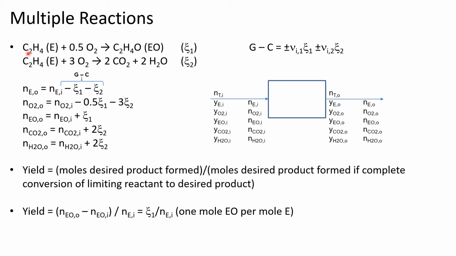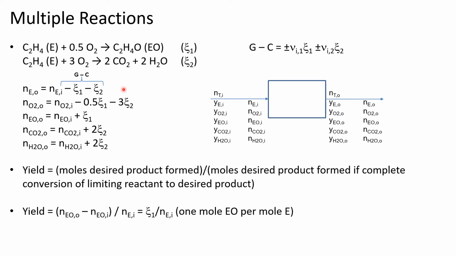So the maximum we could produce would be N_E^I, the maximum number of moles. So this N_E^I represents the moles of ethylene oxide that could be produced if we had complete conversion of the ethylene to ethylene oxide.